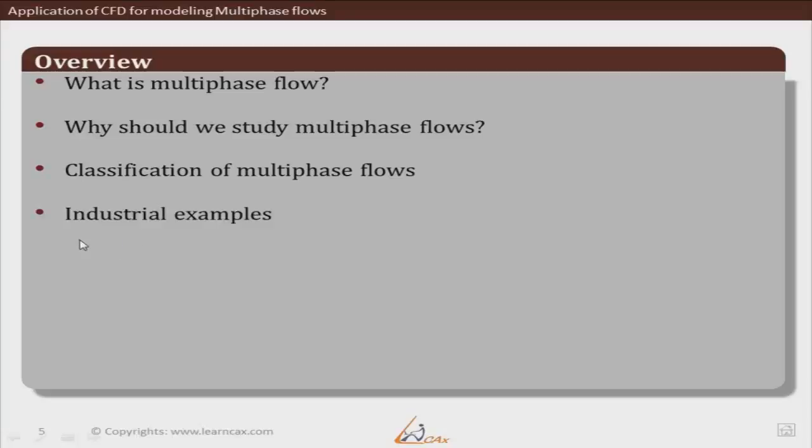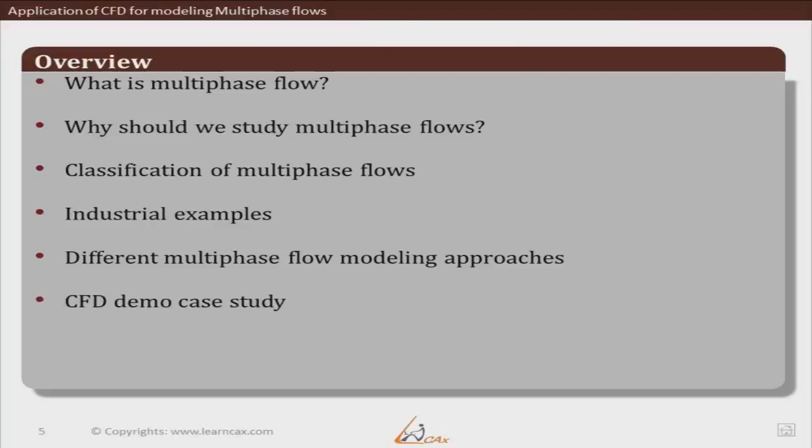Then we'll have a few slides which will introduce you to some industrial examples or applications wherever multiphase flow is involved. Then we'll see the mathematical modeling approaches which are utilized in order to model multiphase flow. We'll have a short demo on tank sloshing modeling, and we'll end with a summary of this particular presentation.